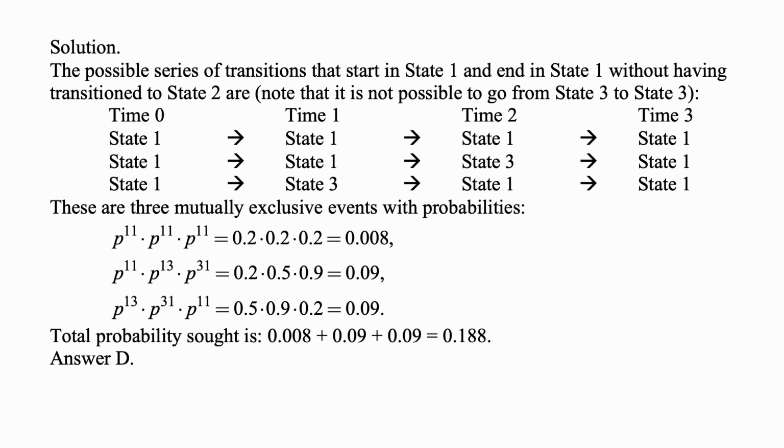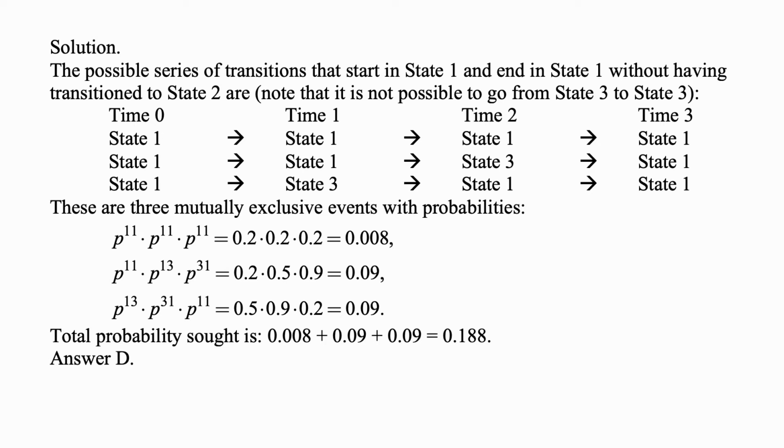You just read this from the matrix, and that's 0.09. And then for the third one, it's P13 times P31 times P11, and that product is 0.5 times 0.9 times 0.2, and that's also 0.09.